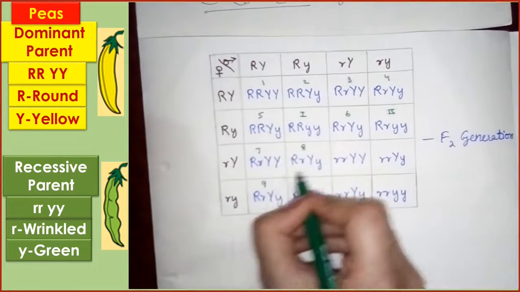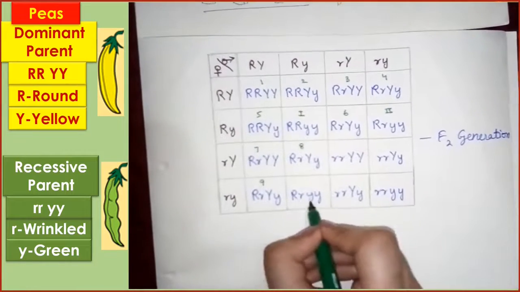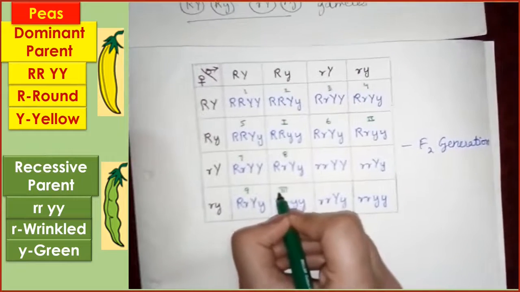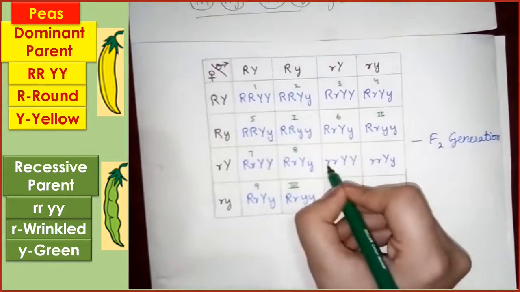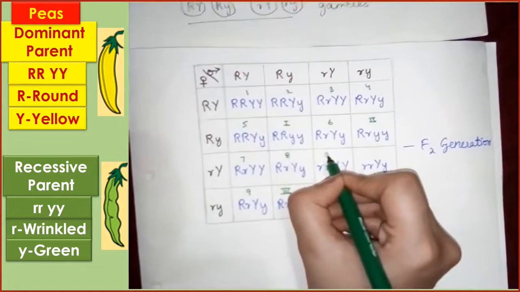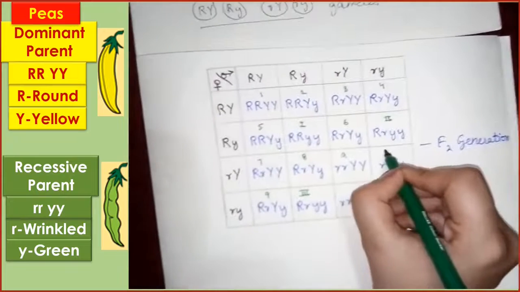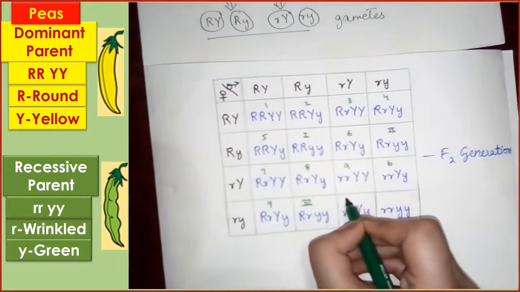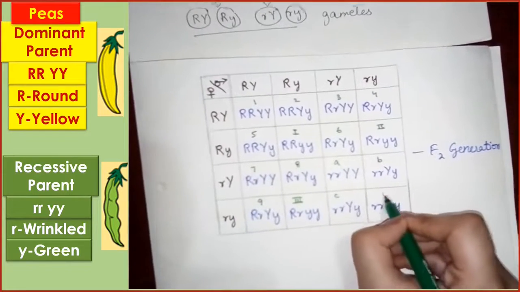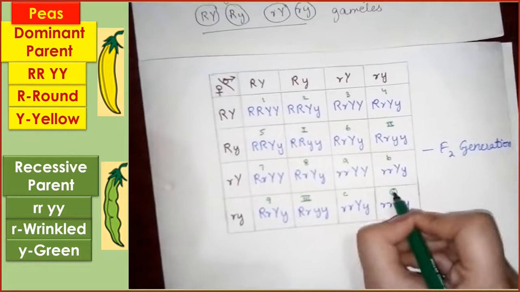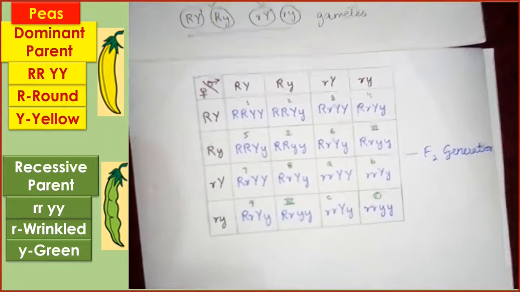Then small r and capital Y with letters A, B, C. And the last one, small r, small y, this one. This is the only one.